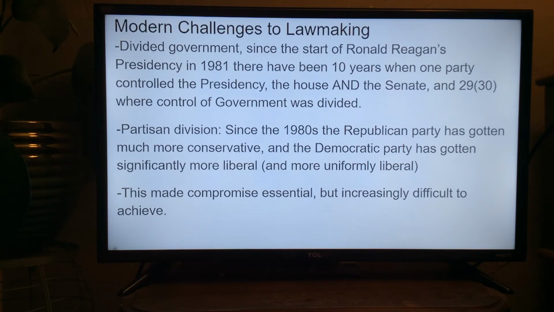Yeah, maybe they can kick up a dust storm in the Senate and slow things down to a crawl, but usually a majority in the Senate can slowly but surely force their bill through. As we saw, I'll talk about it later, but the Affordable Care Act, aka Obamacare, is a good example.